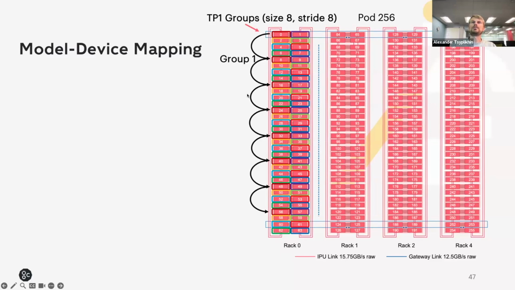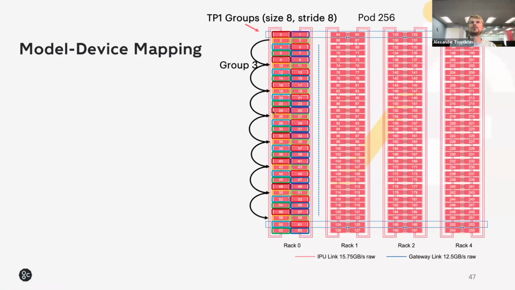So the group number 1 will contain devices shown in red color here, with the stride of 8 in this case, and group number 3, for example, will be devices number 2, number 10, and so on. And then with this configuration, the all reduce operations leverage the bandwidth of the IPU links efficiently. I think this is kind of the main thing, the main set of points that I wanted to convey here.